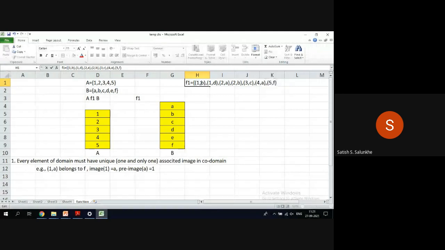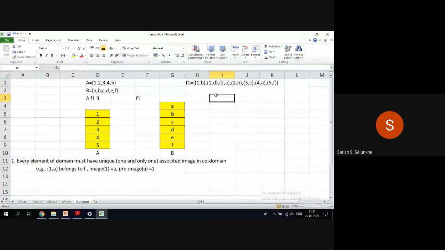So let me know whether this f1 is a function or not. Yes or no in the chat box. Is this f1 a function or not? Please respond quickly. I am waiting for your answer in the chat box.